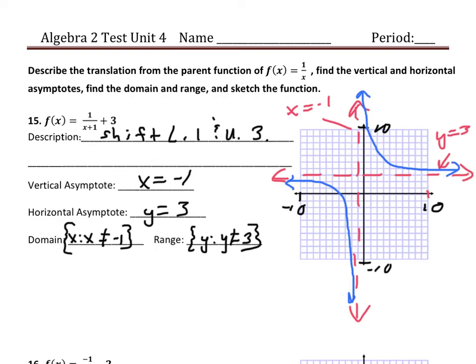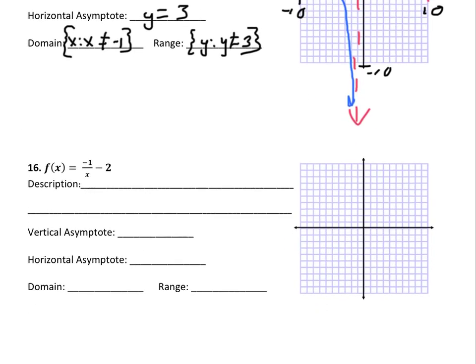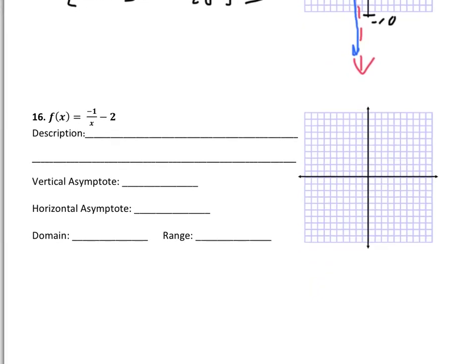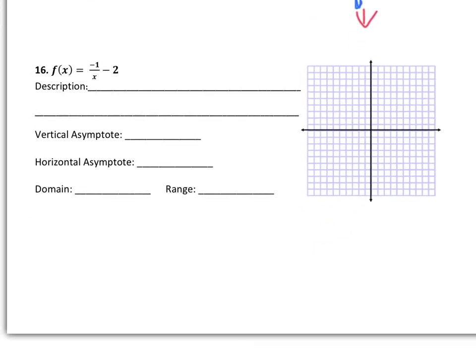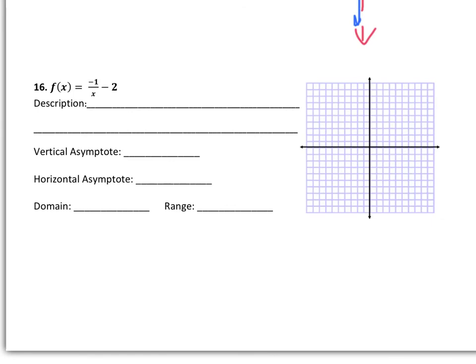All right, so let's go down and go to another one here. So looking at this one, number 16 shows us, all right, so first of all, let's take a look here. I have negative 1, that means it's going to reflect. It doesn't shift horizontally, but it goes down 2. So let's write that.